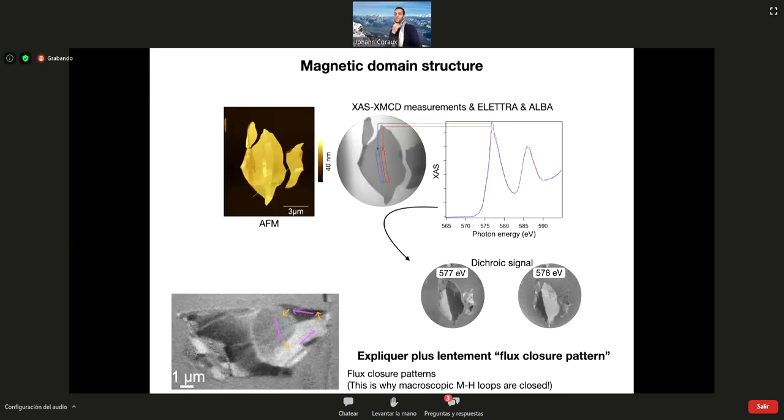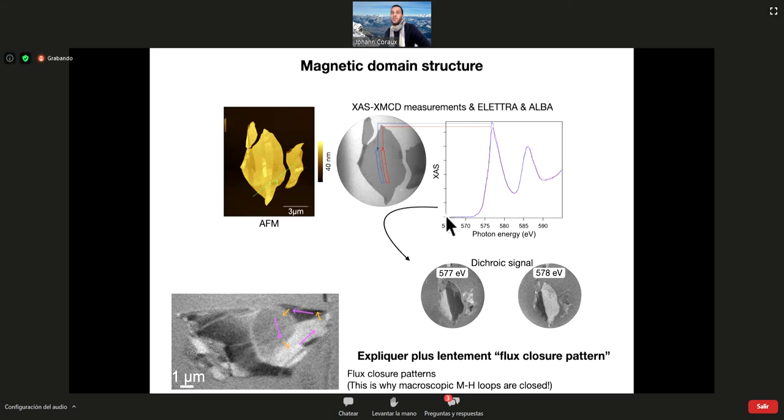Here I'm showing you two XAS spectra measured on this specific flake that we exfoliated and looked at with AFM. You see it back in the photoemission electron microscope in Electra at ALBA. We can measure on the full image, tuning the photon energy, and extract XAS spectra point by point on this image.